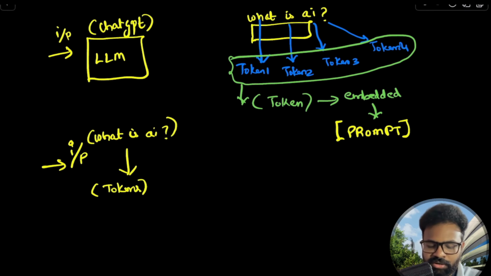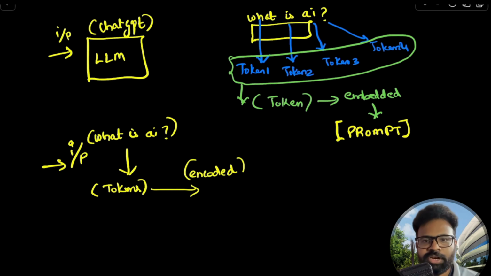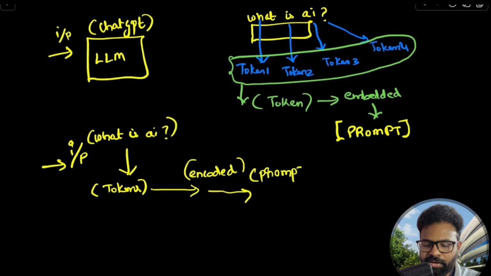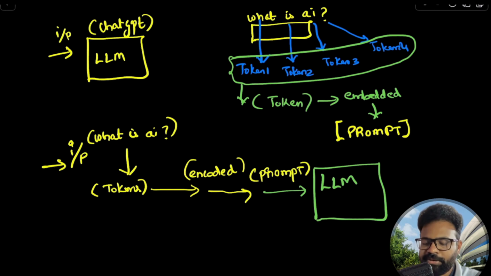These tokens now go through an encoding process, just like encapsulation and decapsulation in the OSI layer. So that is now encoded. Now this encoded data will be represented as a prompt, and it is fed into the LLM, our ChatGPT.